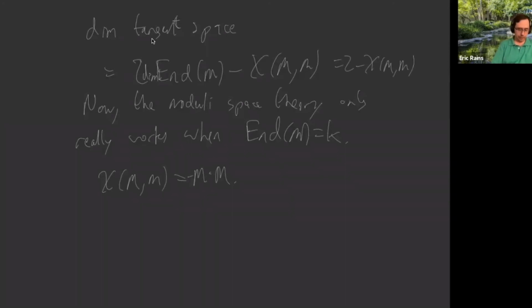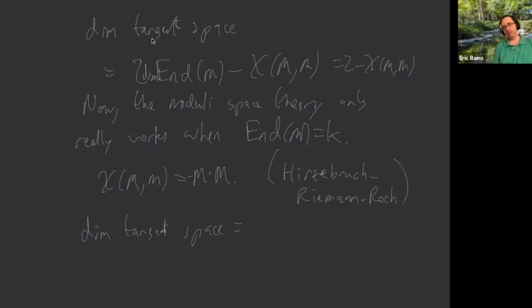And so we see in general that the dimension of the tangent space, so this is Hirzebruch-Riemann-Roch for surfaces, assuming we're on a rational surface at least, because a lot of the terms are simpler in that case.